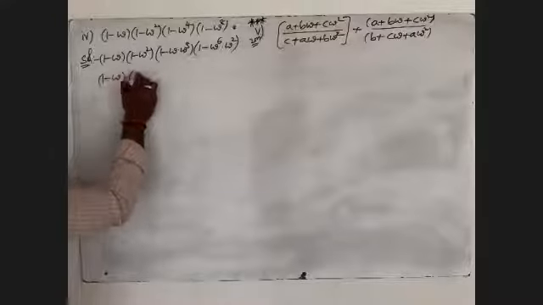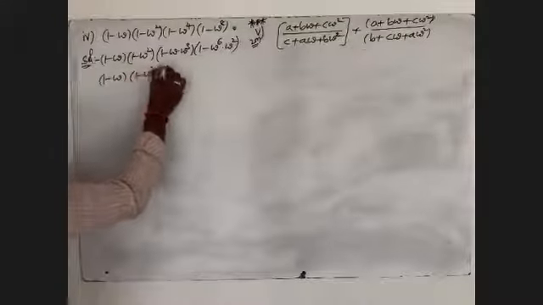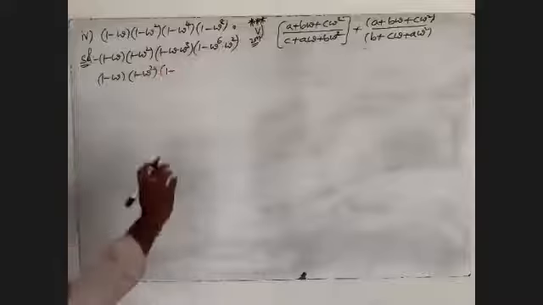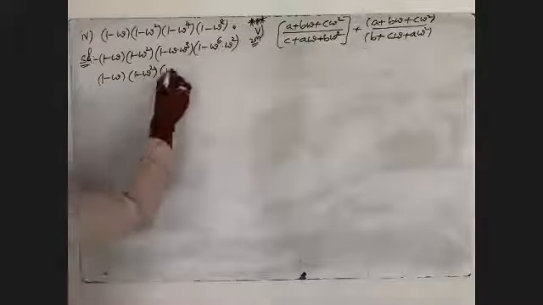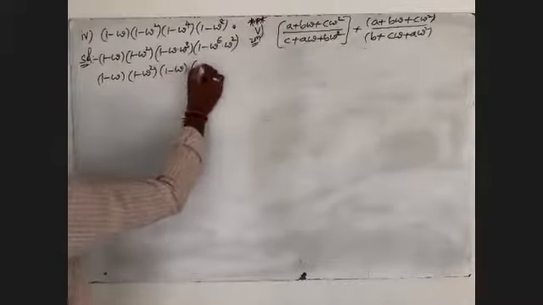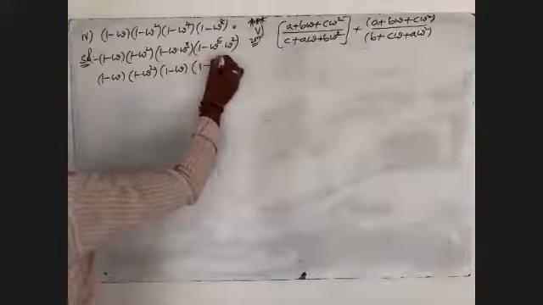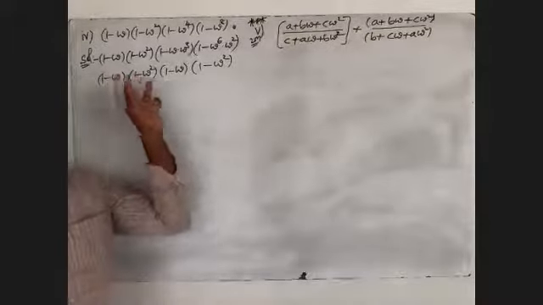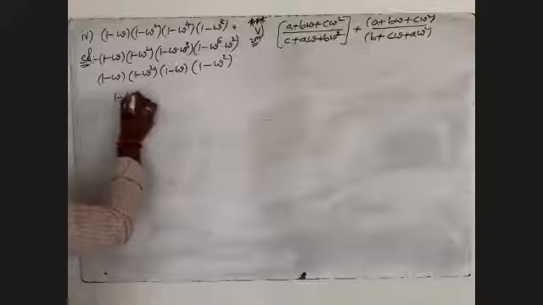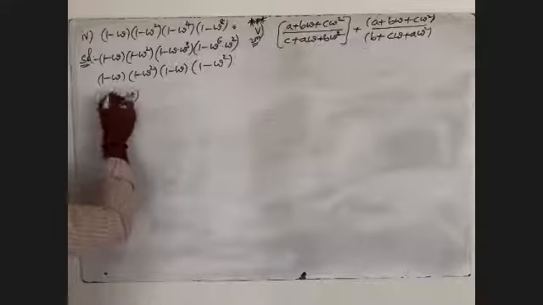Here we have to expand: 1 minus omega into 1 minus omega square into, where omega cube is 1, the remaining is 1 minus omega, after that 1 minus omega square. We observe 1 minus omega is there here also, so I will write 1 minus omega whole square.